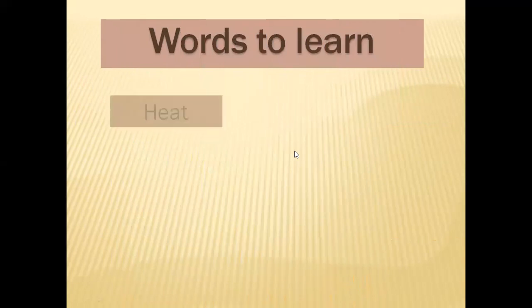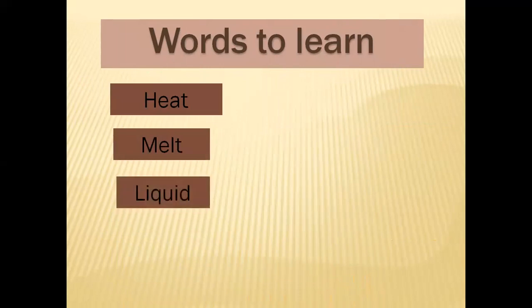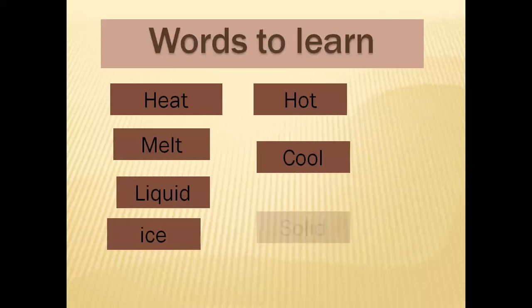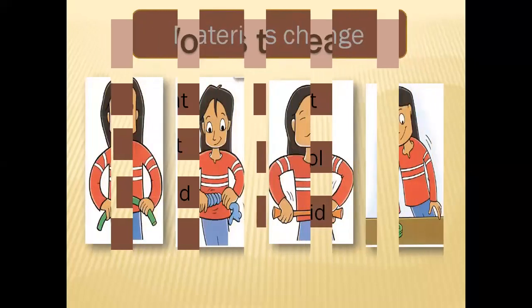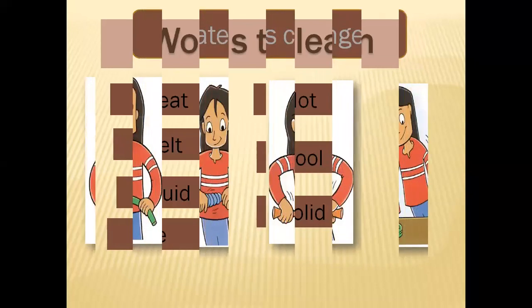First of all, let's see the important words in this lesson: heat, melt, liquid, ice, hot, cool, solid. These are the vocabulary words. At the end of the period, you can write them in your notebook.